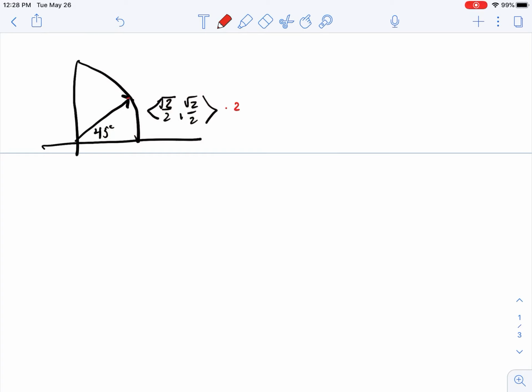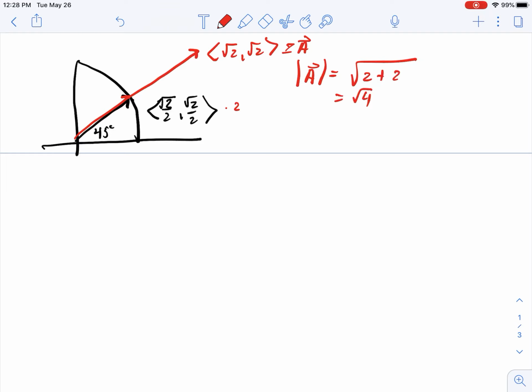Now, if I multiply that by, let's say, 2, I have now a new vector of root 2 and root 2. Let's call this vector A. So let's go ahead and find the magnitude of vector A. Well, the magnitude would be 2 plus 2, root 4, therefore 2.